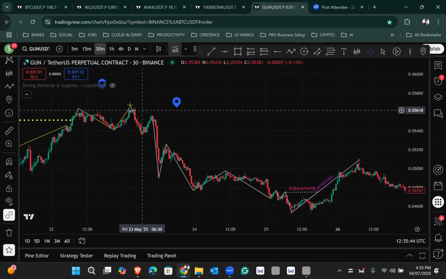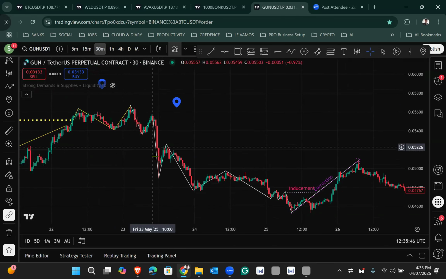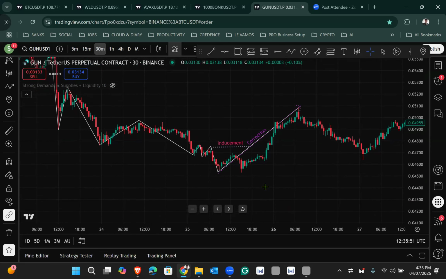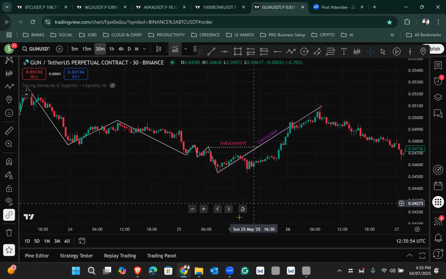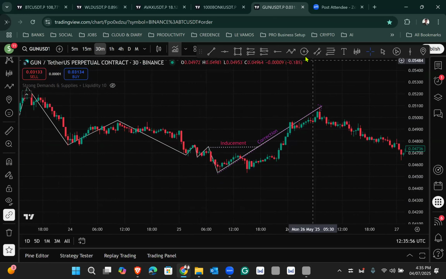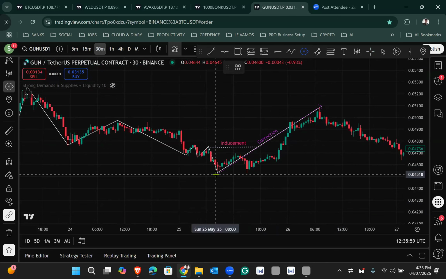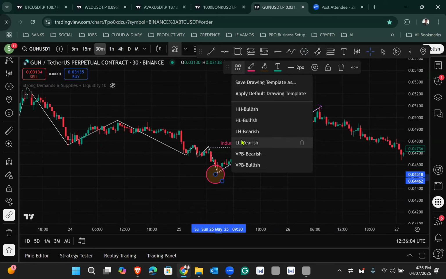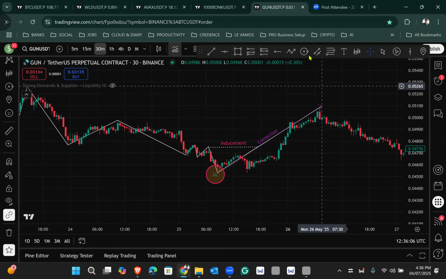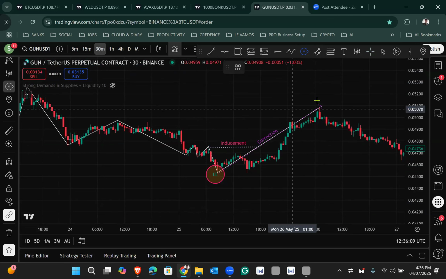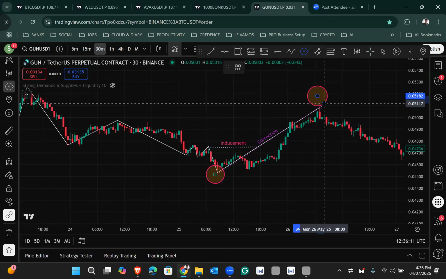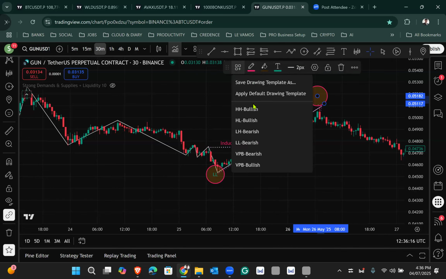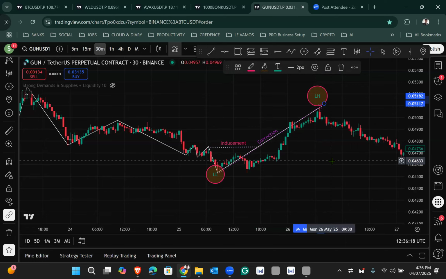For example, it is coming, we're going like this. Then here there is an inducement. Look. So I consider this the overlap. Did you hear what I just said?